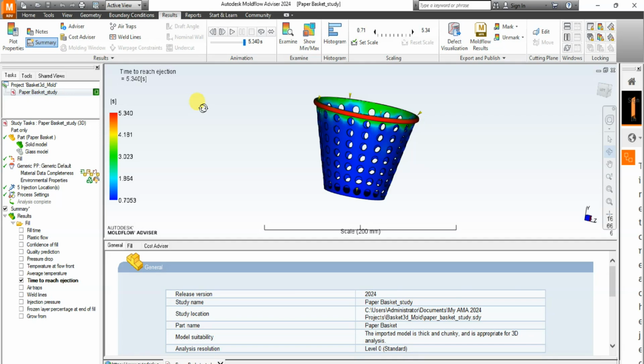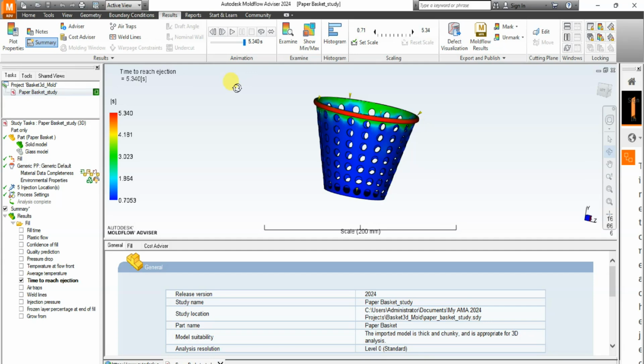So you should take note of this. You should also note that the result takes into account the dynamics of the packing phase, and when new hot material enters the cavity, this new hot material affects the cooling time. You should take note of that.